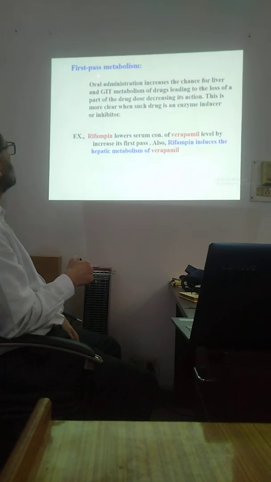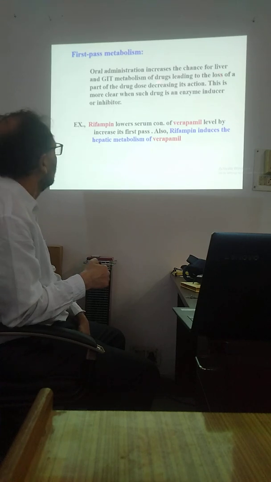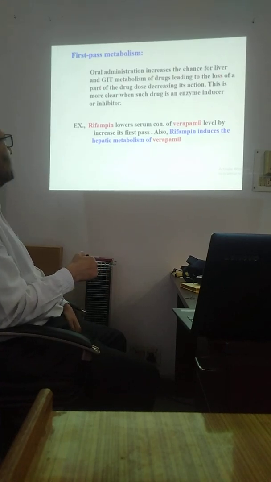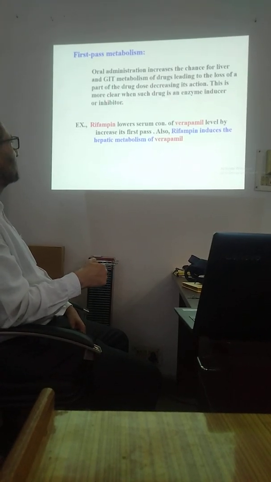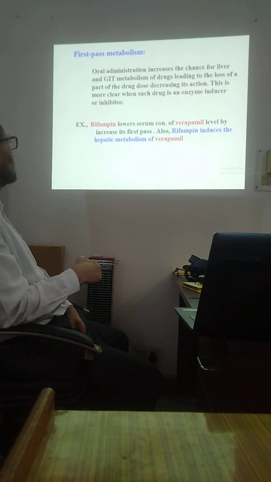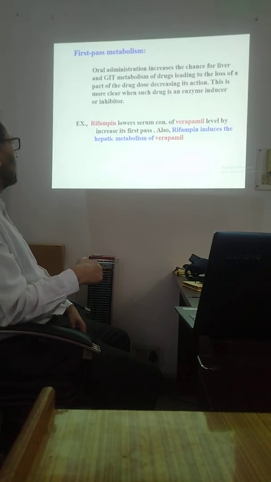Now, first pass metabolism, this is very important. Oral administration increases the chance for liver and GIT metabolism of drugs, leading to loss of part of the drug, which decreases its action. This is more clear when such a drug is an enzyme inducer or inhibitor. Suppose we take the case of rifampicin. It lowers the serum concentration of verapamil by increasing its first pass.